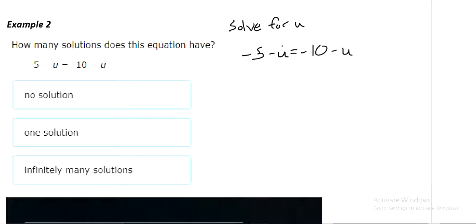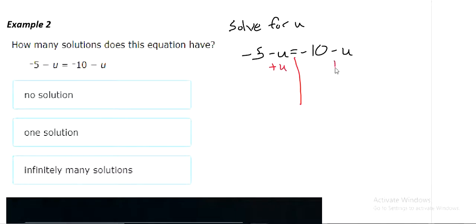So I'll have, let's see, can't simplify either side because I can't do any subtraction there, but I look here and I say, okay, I want to get u on one side of the equal sign. So let's see, I'll take this u, since it's minus u, I will add u.